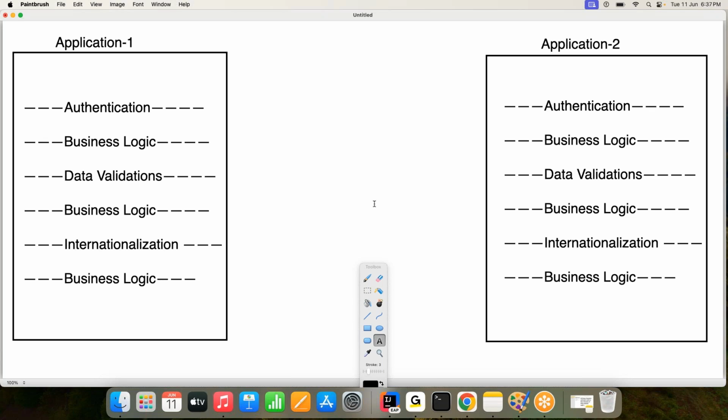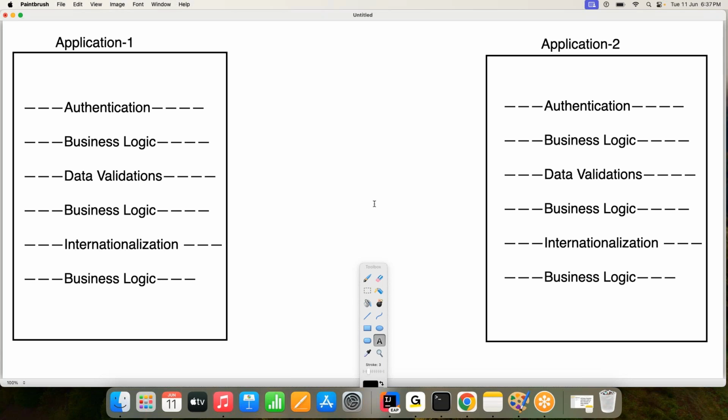Now tell me, in this scenario, where are we providing shareability and where are we having reusability? First of all, what is the meaning of shareability here? If I define a service one time, I have to share it with multiple programs. But here, two programs are prepared.